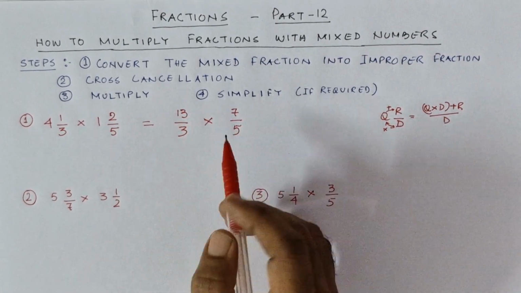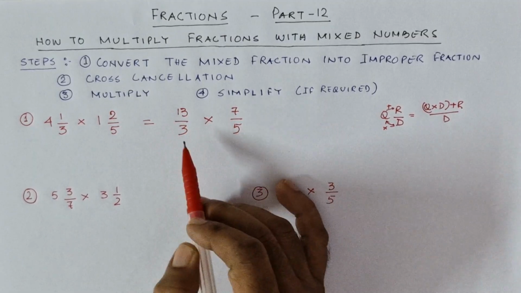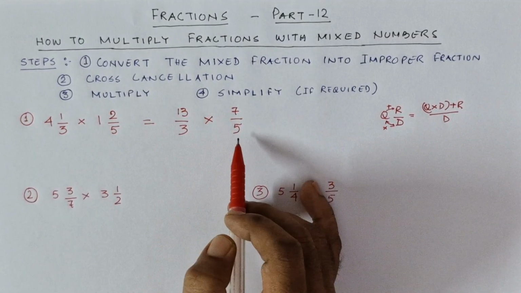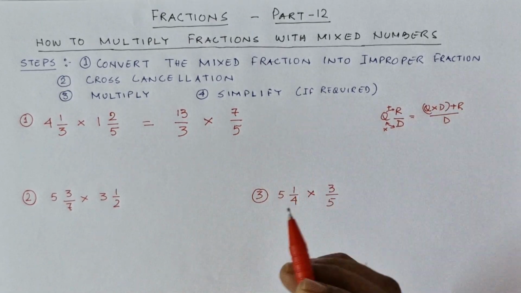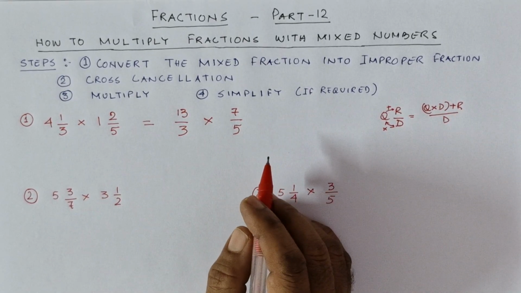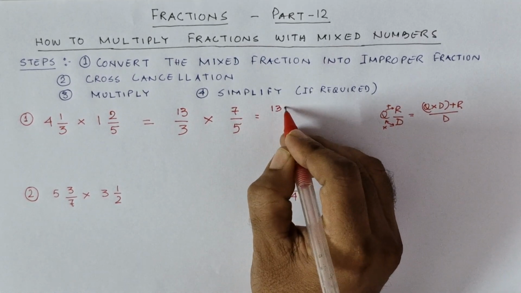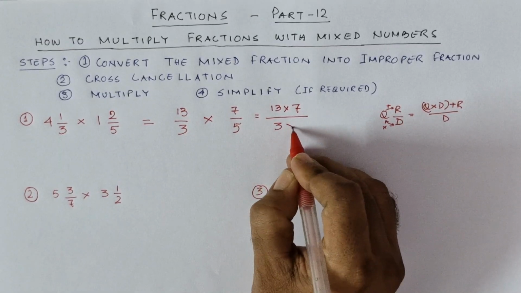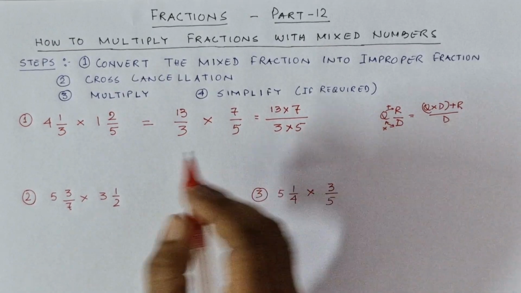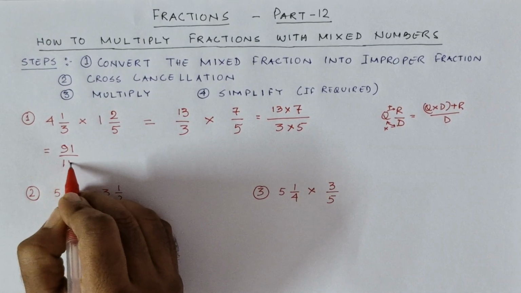So please carefully examine the numerators and the denominators. Is there any common factor between them? No. So there is no scope of cross cancellation. So go ahead and straight away multiply this. So 13 into 7 divided by 3 into 5, that becomes 91 by 15.